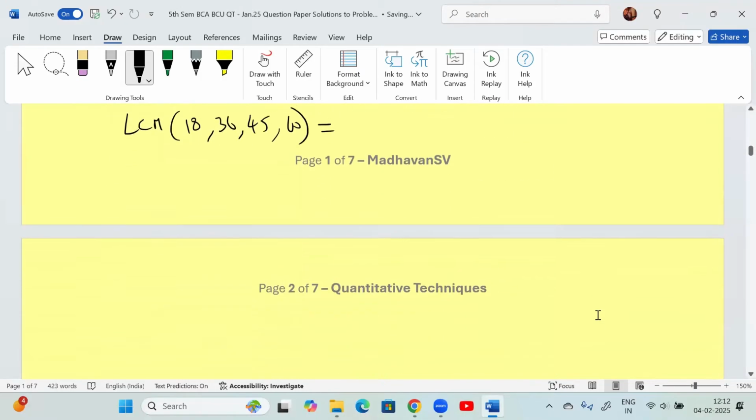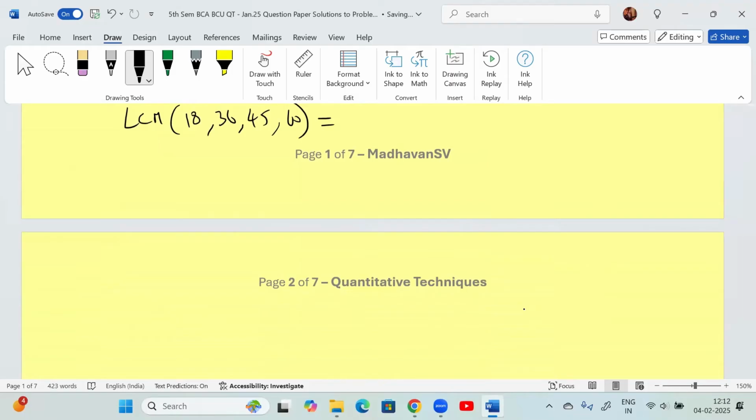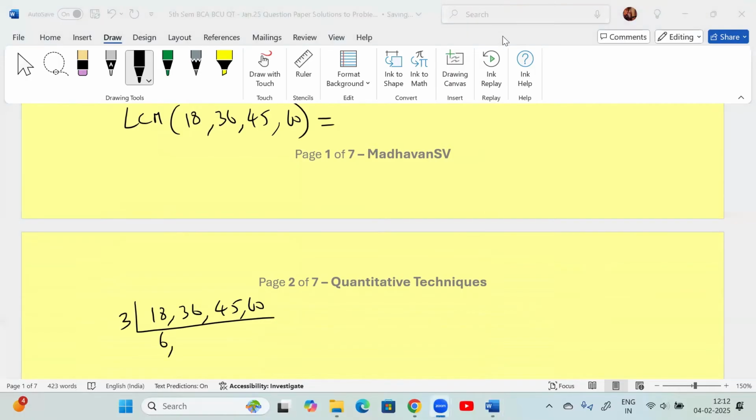For that, we will do common division method, means 18, 36, 45, 60. So we can divide everything by 3, we get 6. So 36 by 3 will be 12, this will be 15, this will be 20.